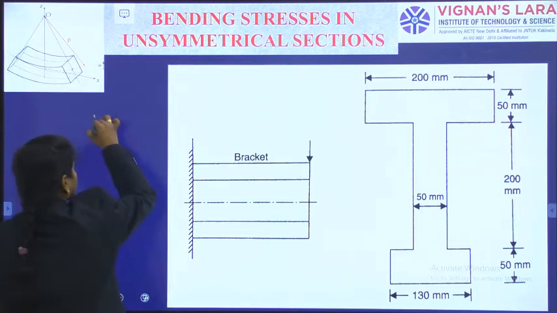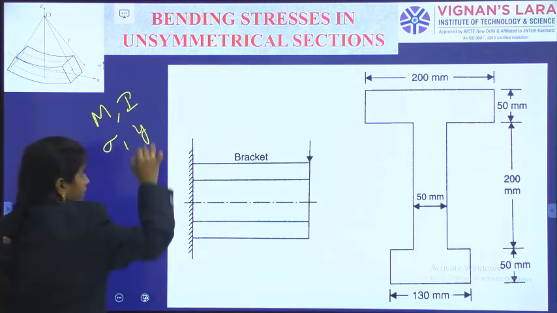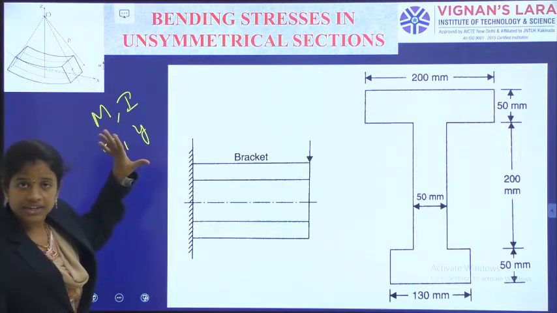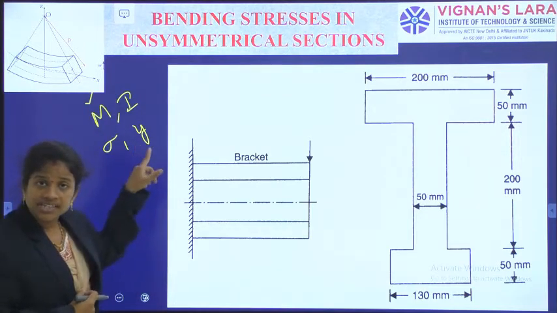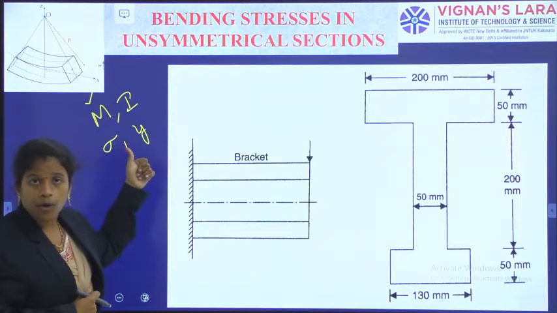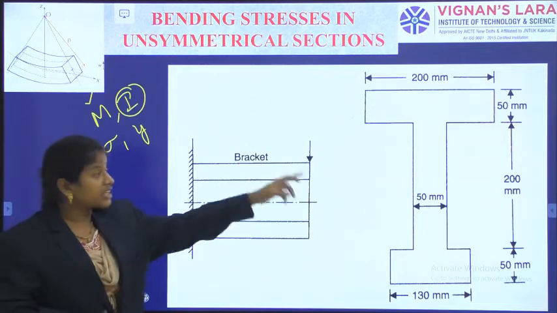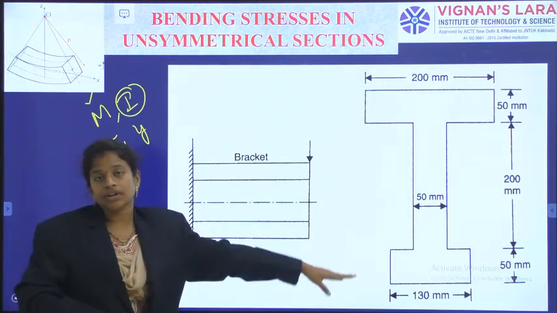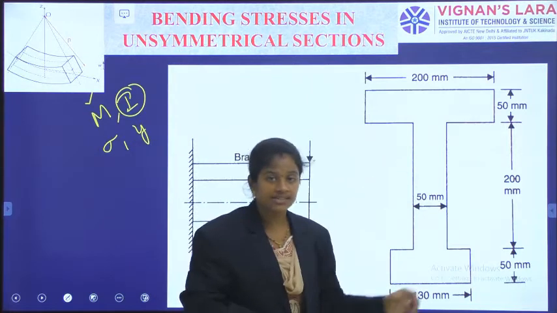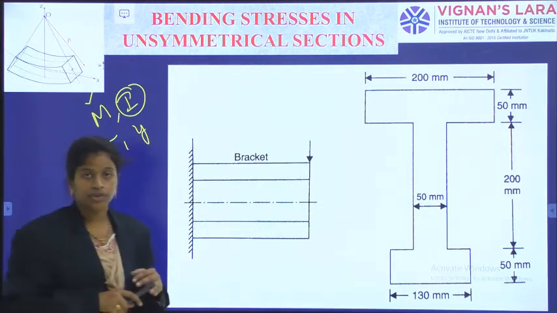So M, I, sigma, Y: these are the quantities I need to know. M is the maximum moment occurring on the section, which they have given. I is the moment of inertia of the section about the neutral axis, so first I need to locate the neutral axis and then calculate the moment of inertia about it.